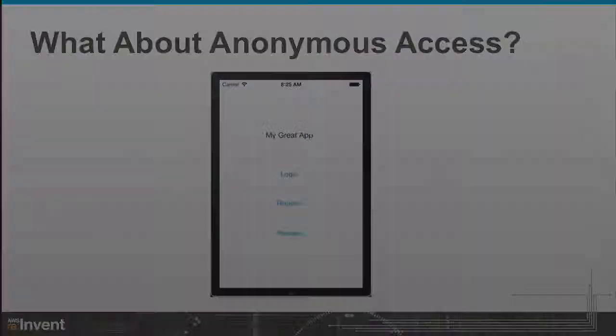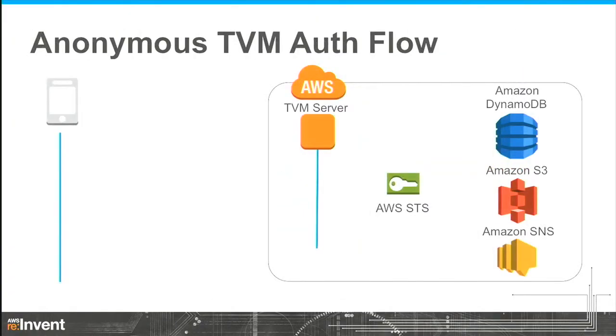We don't have a login with an identity provider to use Web Identity Federation. We don't have a login or user session associated with the user to use the identity TVM. So how do we do it? Well, we have another solution here, and it's an anonymous token vending machine. And much like the identity token vending machine, there's a server and a client-side component.